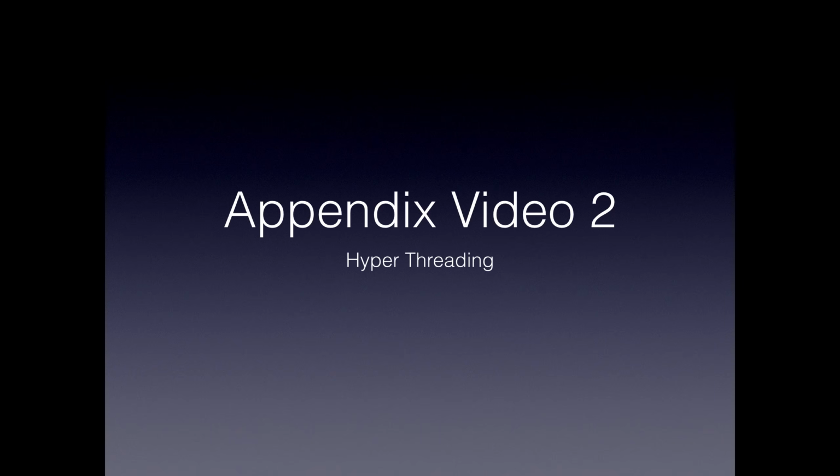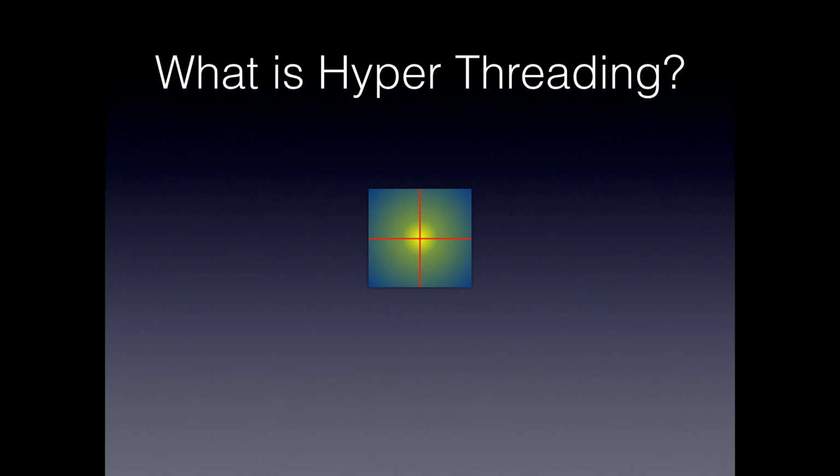Let's start at the beginning. What is hyperthreading? In the old days, you had a CPU inside your PC, and it was very simple. You had one PC and one CPU inside of it. Newer processors have these things called cores.